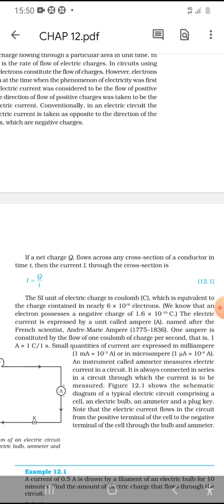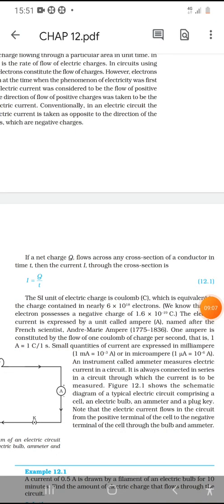1 ampere is constituted by the flow of 1 coulomb of charge per second, that is 1 A is equal to 1 C by 1 s.